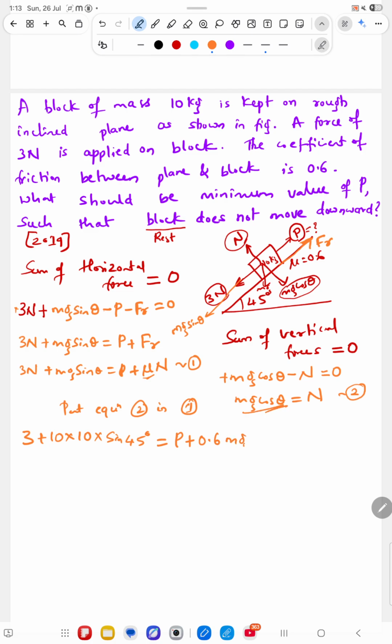So 0.6 mg cos theta. This is 3, this is 10 into 10 is 100, sin 45 is 1 by root 2. This is P as it is, 0.6, and here m is also 10, g is also 10, and cos 45 degrees.